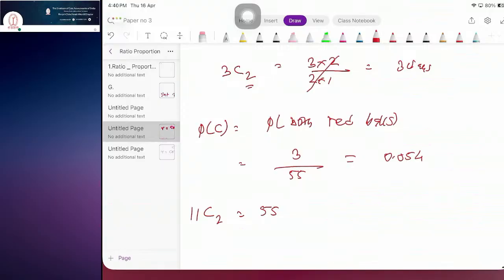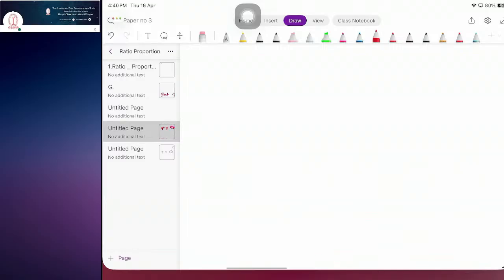One of each color, one of each. There are 8 white balls, so 8C1, and 3 red balls, so 3C1. Out of 3 we can select any one ball, so that will be 3C1. So the probability is 8C1 multiplied by 3C1, divided by selecting 2 balls out of 11, that will be your denominator part.